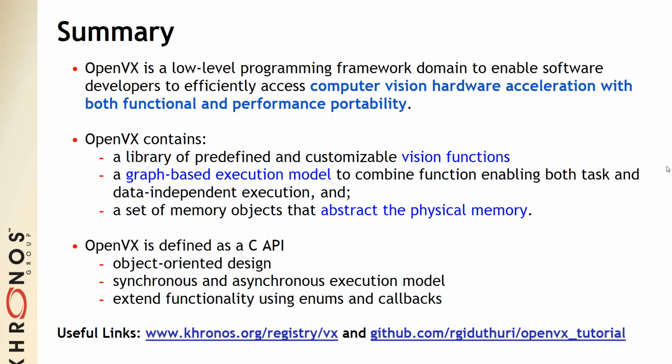If you use Harris corners, like in Radha's example for tracking, and the level of light changes, you might want to change the sensitivity of the corner detection. You can do that without having to recreate a new graph. So some of the parameters can be changed, but some of them are fixed at construction time.